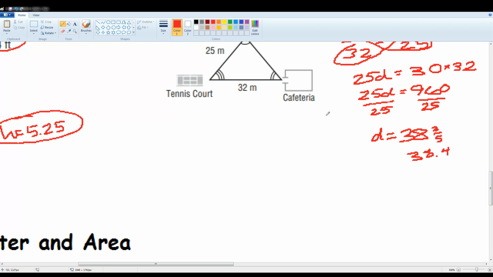We want to use units here because we've got units in our problem, so we're going to call it 38.4 meters. Okay.